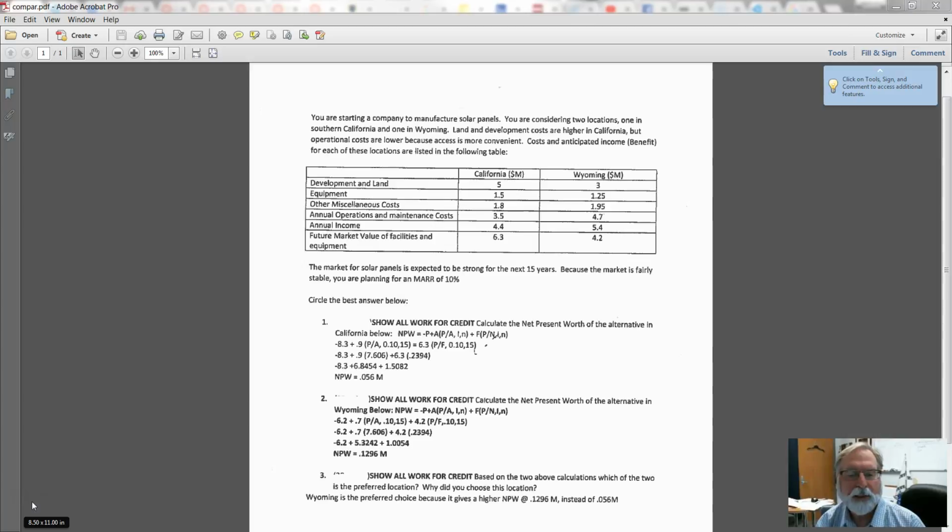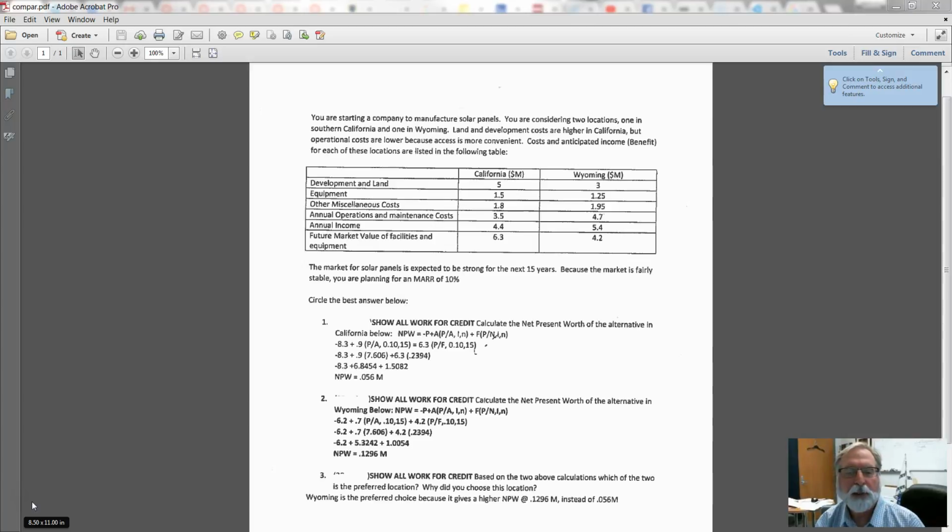It's P given A, 10, and 0.1 for 10% interest, and then 15 years. So we look that up, and that's going to be 7.606 as a multiplier.